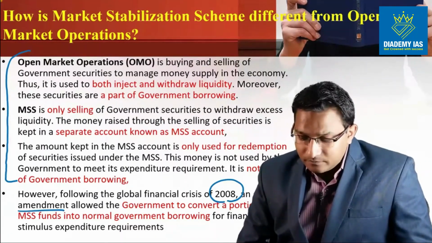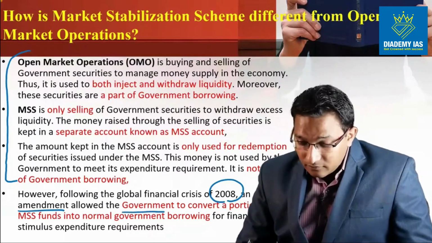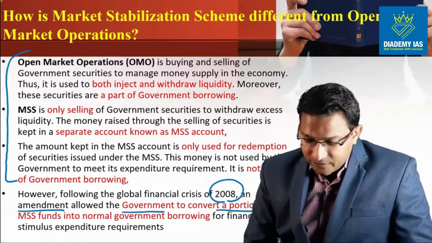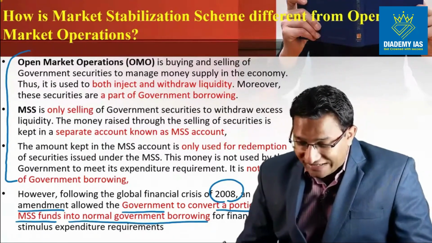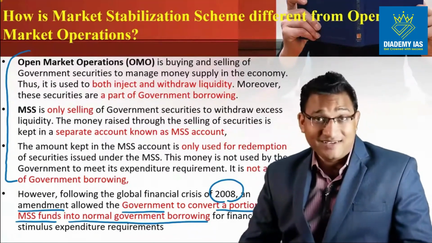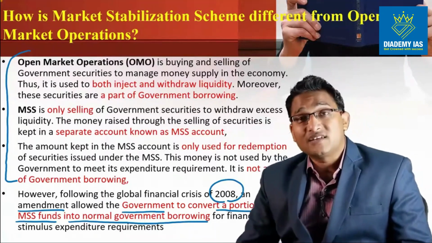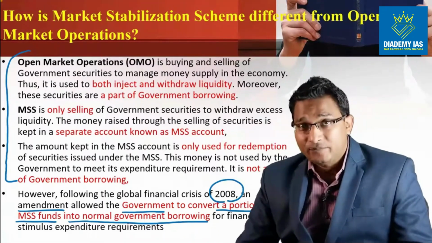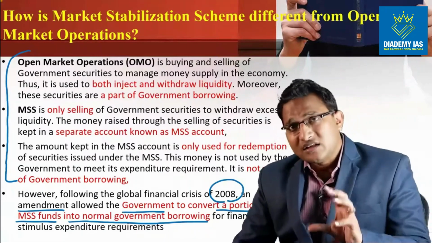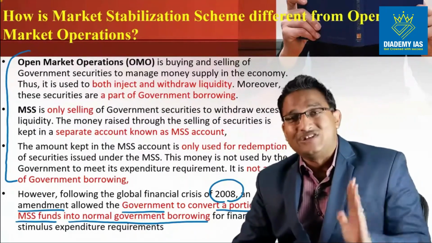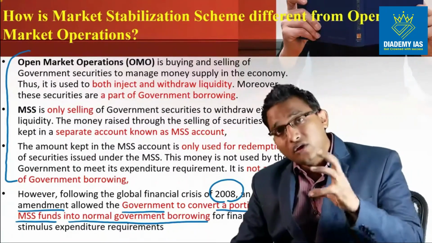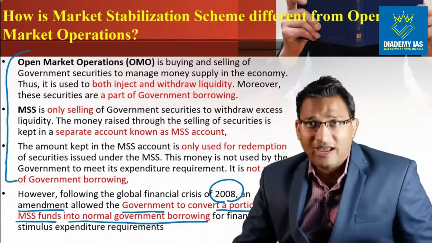So at that time, the government converted a portion of MSS funds into normal government borrowings for financing its stimulus expenditure requirements, right? So normally the MSS money is kept separately. However, in 2008, a certain percentage of that money was allowed to be used for expenditure. So that was converted into the normal government borrowing from the MSS.